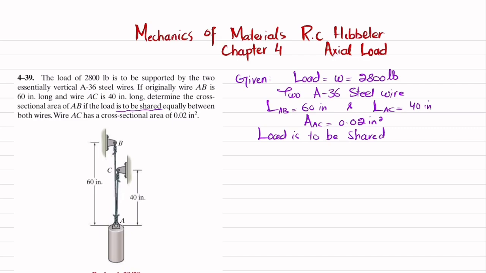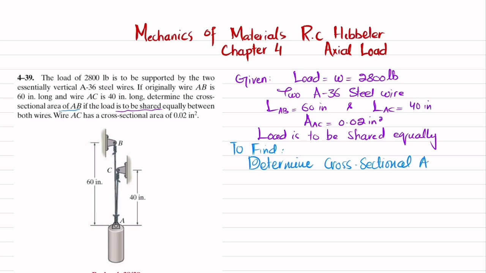What we have to find is to determine the cross-sectional area of AB.